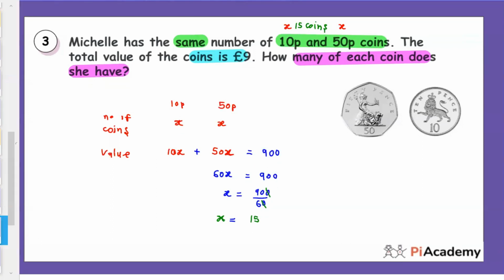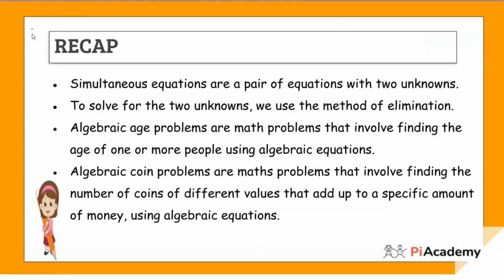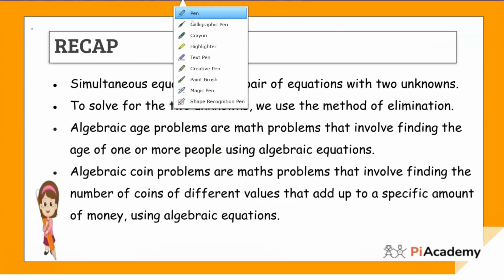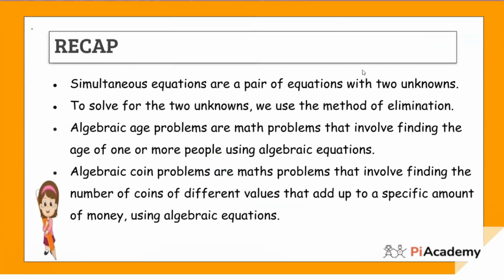But before that, let's revise, okay, what we have learned today. Let's do the recap. The first thing we learned about was simultaneous equations. So what are simultaneous equations? Basically, simultaneous equations are a pair of equations with two unknowns or more, right? To solve for two unknowns, we use the method of elimination. The next thing is algebraic age problems, which are maths problems that involve finding the age of one or more people using algebraic equations.